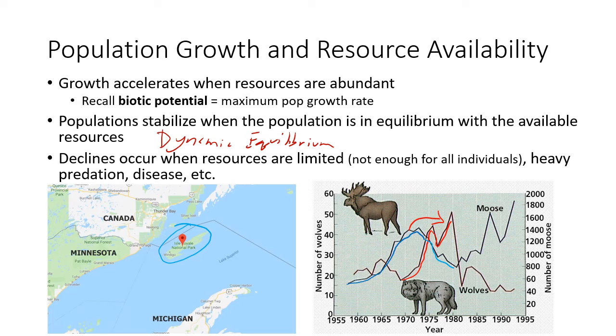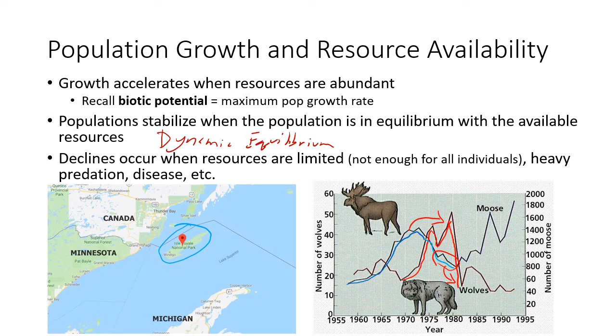Because the moose population is declining, initially the wolves are going to have a lot of food because they're finding weak, diseased moose that are easy to take down. But eventually their populations are going to crash because there's not enough moose to go around, which is going to lead to decreasing wolf populations.